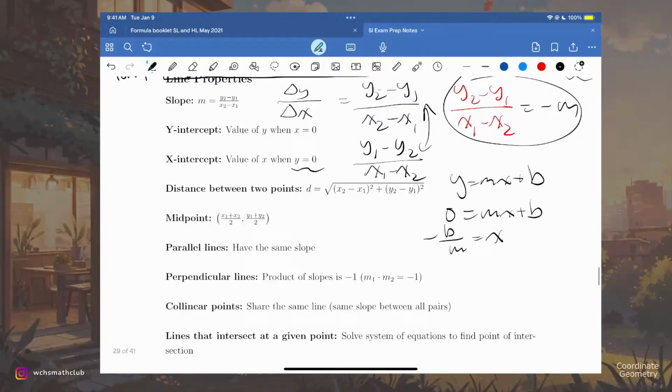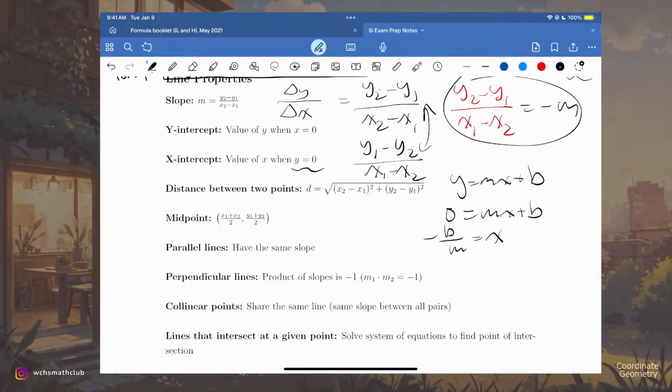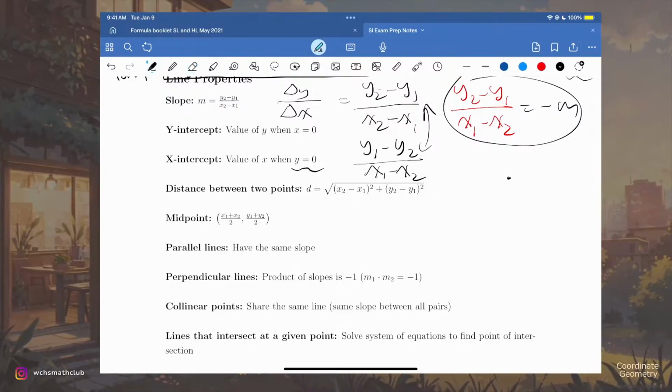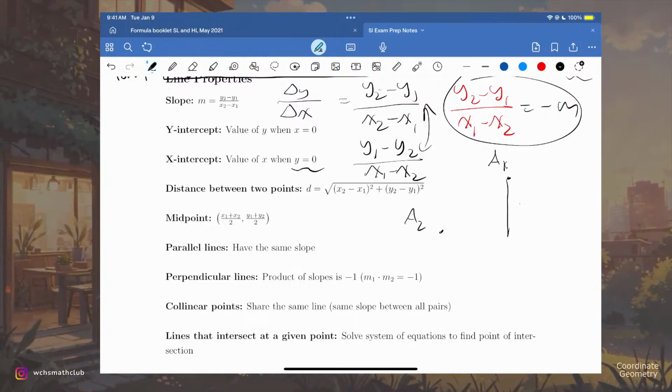The distance between 2 points on the plane is easy to calculate just by using the Pythagorean theorem. So what we can do is, if we have this point A1 here and this point A2 here, we can calculate this. We'll call this delta x, and we'll call this, this should be delta y.